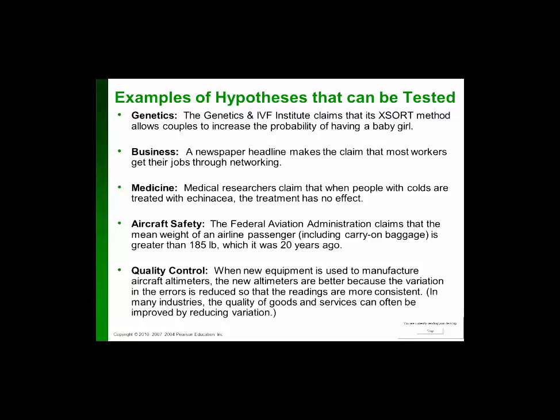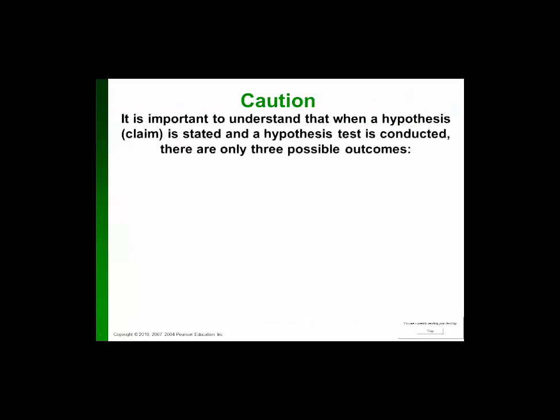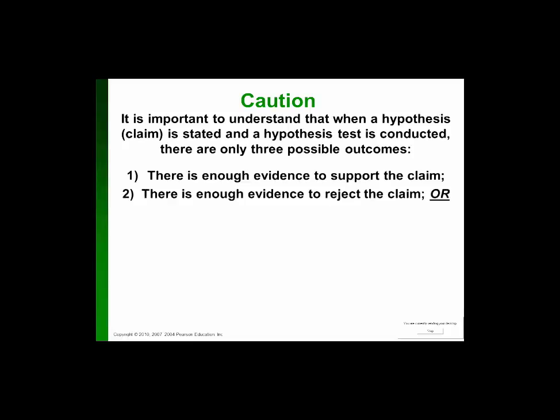It's important to understand that when a hypothesis, which is a claim, is stated and a hypothesis test is conducted, there are three possible outcomes. You can say there is enough evidence to support the claim, or you can say there is enough evidence to reject the claim, or sometimes you just have to say there's not enough evidence one way or the other.